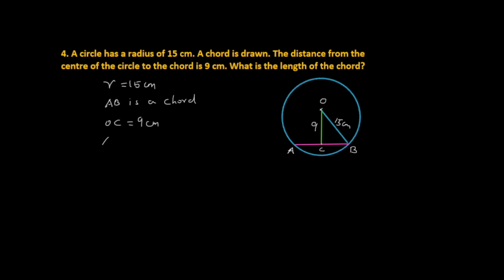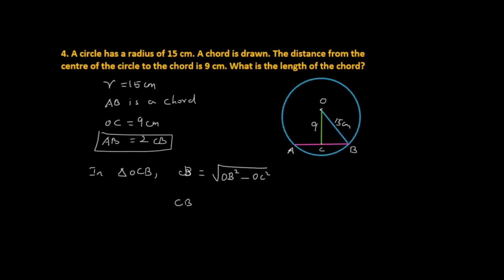As you know very well, the length of the chord AB is equal to twice CB. So to find CB, we are going to take the triangle OCB. In triangle OCB, CB is equal to the square root of OB squared minus OC squared.